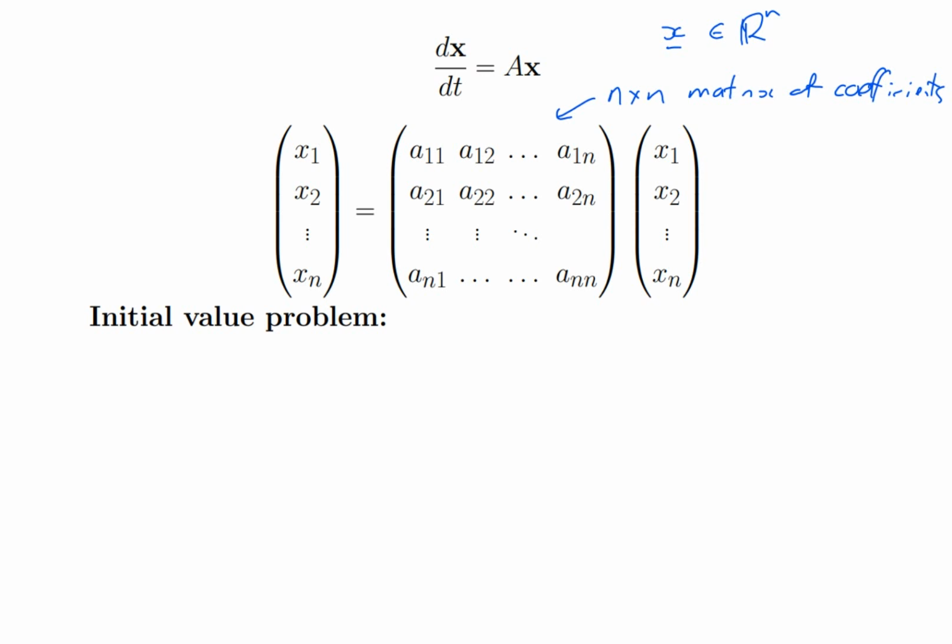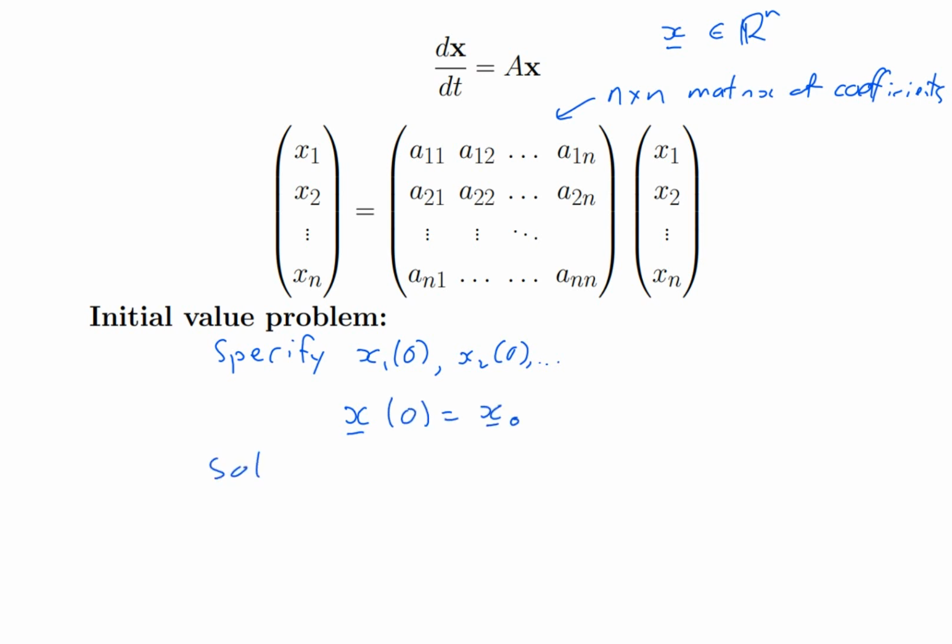We've got a differential equation, and for an initial value problem I need to specify the starting values. Could be at any time, but may as well say time 0. So it's basically saying vector x at time 0 is some given vector.